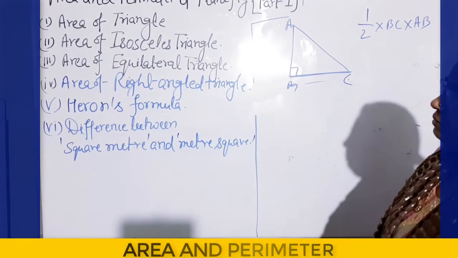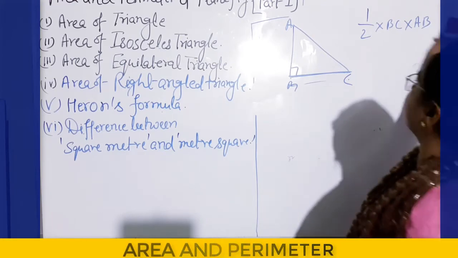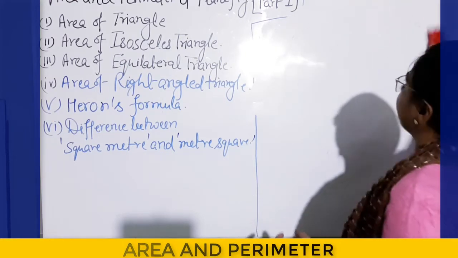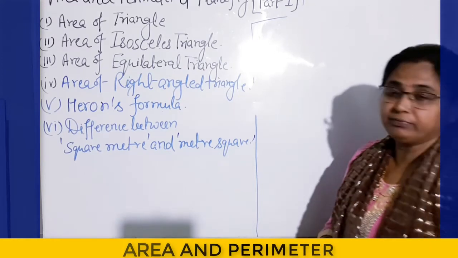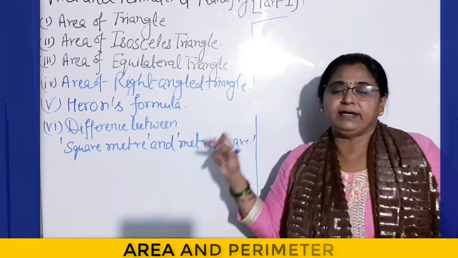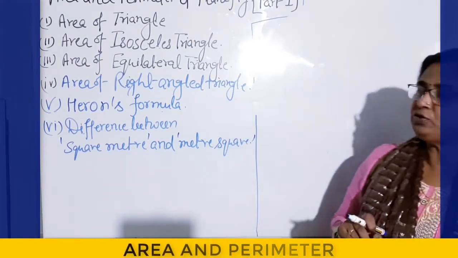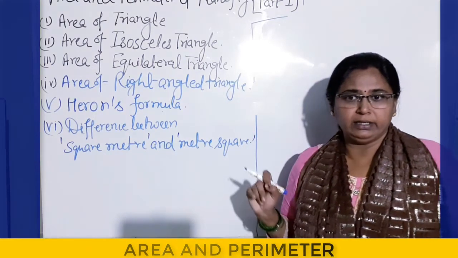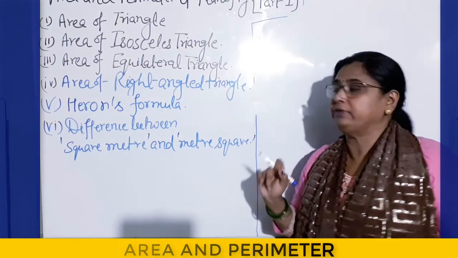And fifth number is Heron's formula. Heron was a great mathematician who has given a formula for a triangle if all sides are given. Suppose by chance in a triangle they are not given any angle and only all sides are given.